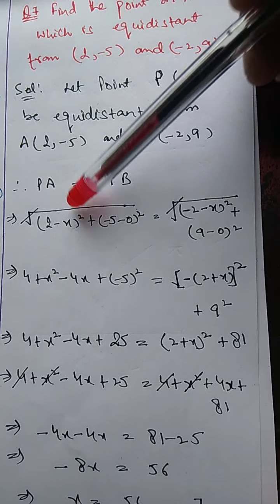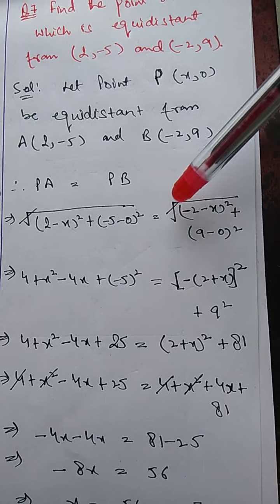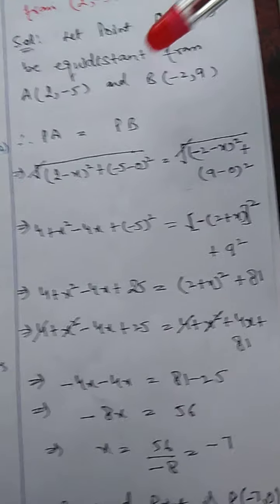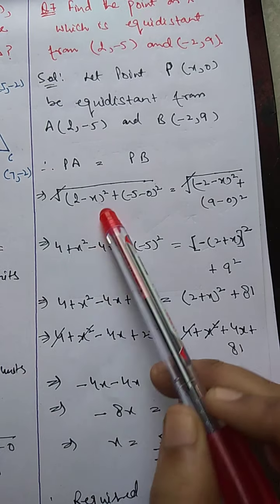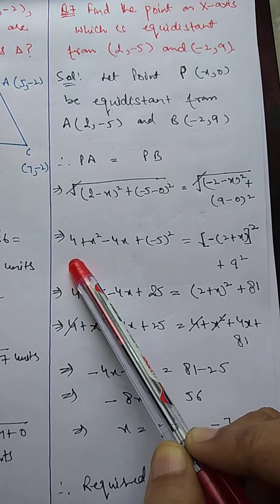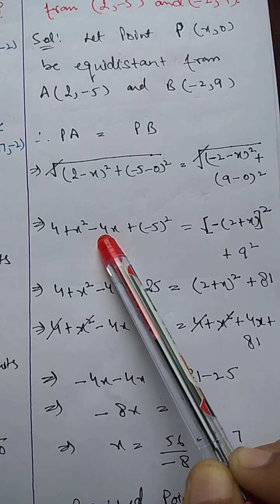Since the square root is on both sides, LHS and RHS, the square root gets cancelled out. Here we can apply the formula (a minus b) whole square equals a square plus b square minus 2ab.